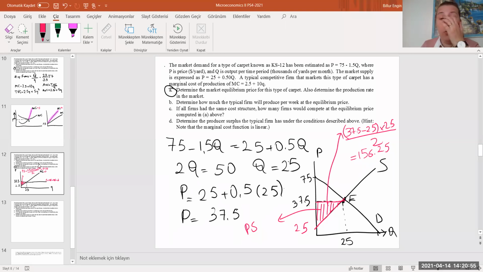Fazla olması gerekiyordu. Bir yerde bir işlem hatası yapmış olabilir miyiz arkadaşlar? Böyle bir şey görüyor musunuz? Bir buçuktan 20 çıkmazsa 12 buçuk gelir. 12 buçuk çarpı 20 buçuk.